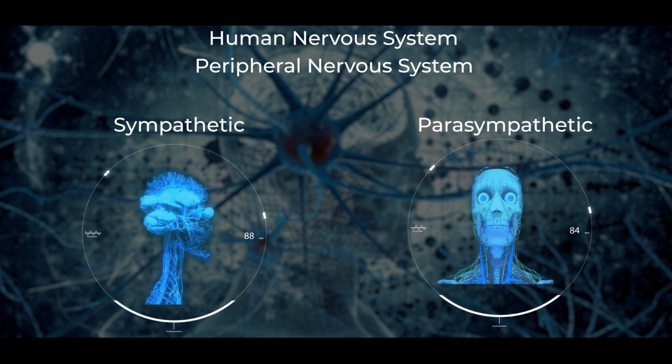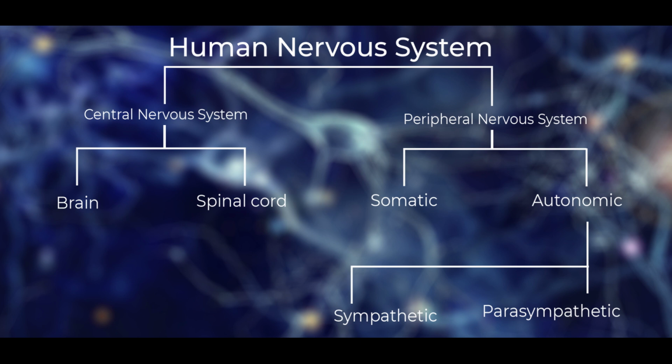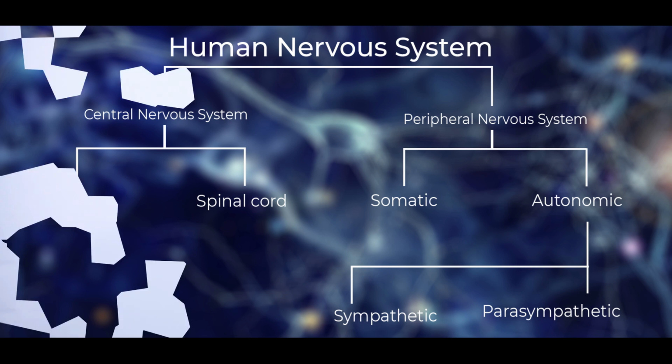In short, the sympathetic nervous system burns energy, whereas the parasympathetic nervous system conserves energy. So this is the whole organization of the human nervous system.